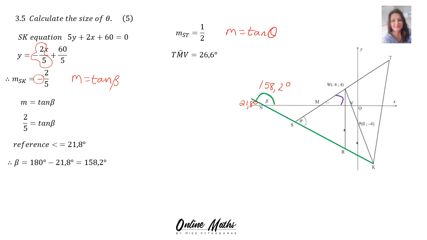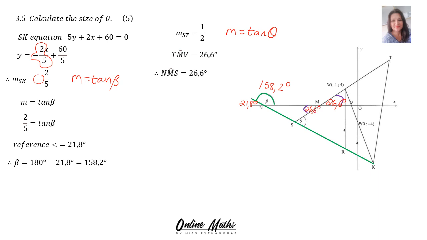And this is now 26,6 degrees. Then we can say that NMS is that angle over there, is also 26,6, and the reason is because they are vertically opposite. Let me just write the 6 there, 26,6.